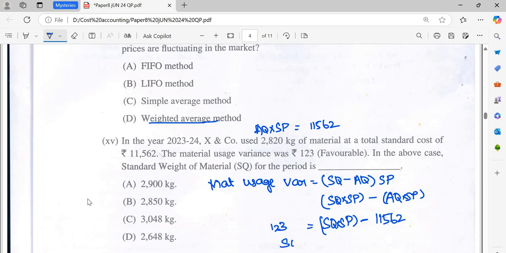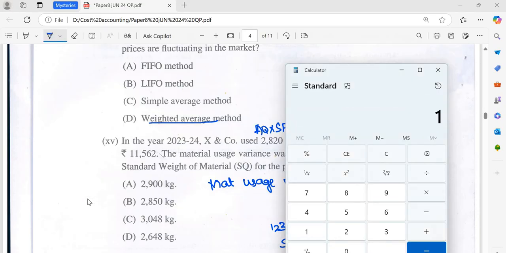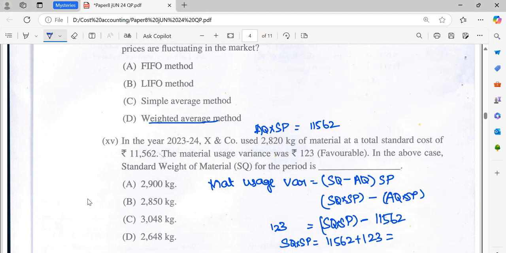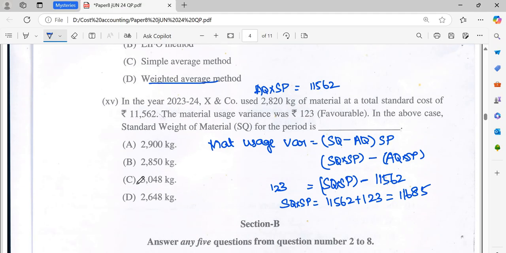Then standard quantity into standard price is equal to 11,562 plus 123, so 11,685. Now I want the standard quantity.